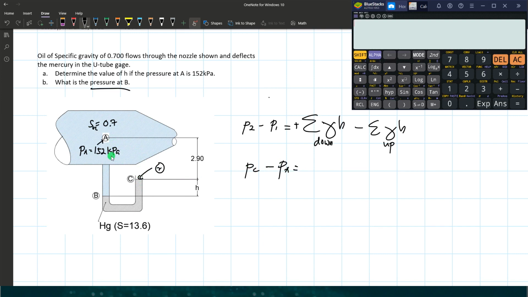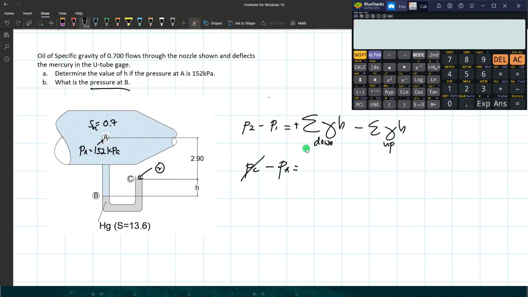Since this is a type of manometer, we are required to just determine the gauge pressure. If this is the free surface at point C, there's no pressure there, since that's the free surface of the liquid. At point A, it has a pressure because it is within the flowing fluid.